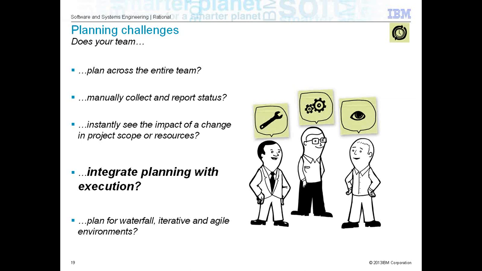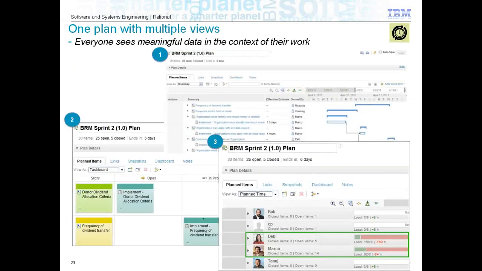And project planning should support waterfall, iterative, and agile templates. So IBM Rational has a solution called CLM, Collaborative Lifecycle Management.